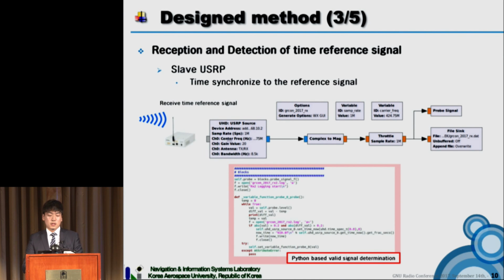In order to check the amplitude level of the received time reference signal, it is converted to magnitude. After converting, the slaves need to judge whether the received reference signal is valid. So below is the valid signal determination implemented by Python code, and its detailed explanation will be on the next slide.